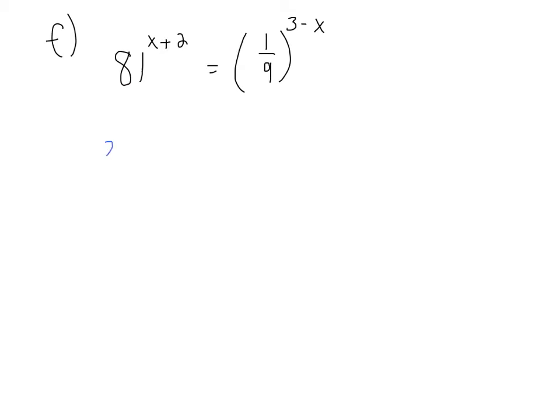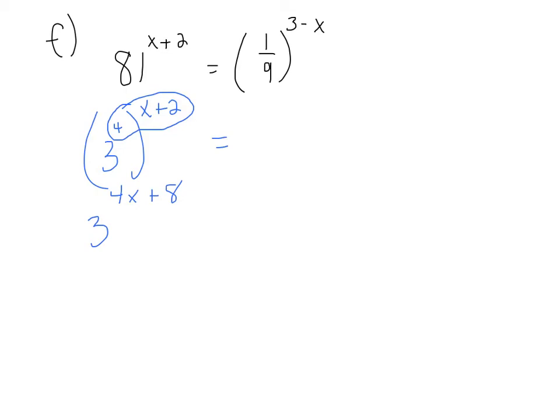So this is really 3 to the 4th power, but be careful. It's still raised to the x plus 2 power. All right, and here you have a power to a power, so you need to remember to distribute the 4 to the x and the 2. So it actually says 3 to the 4x plus 8 power. And on this side, this is really 1 over 3 squared.